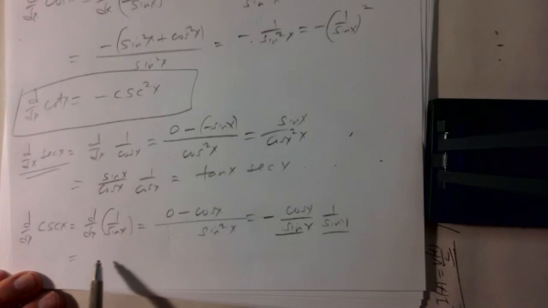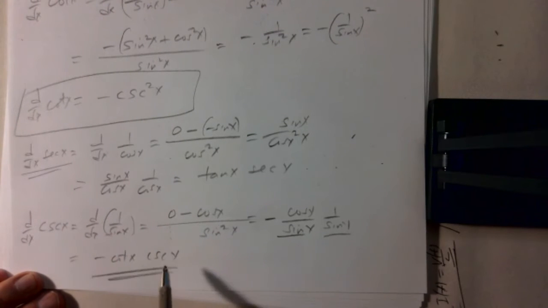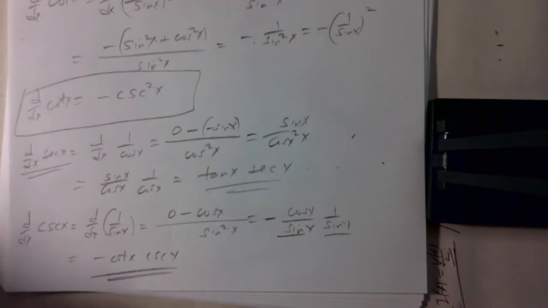This is the cotangent, that's the cosecant. So this is minus cotangent of x, cosecant x. And now we have all 6 trig functions. All right, any questions about this?